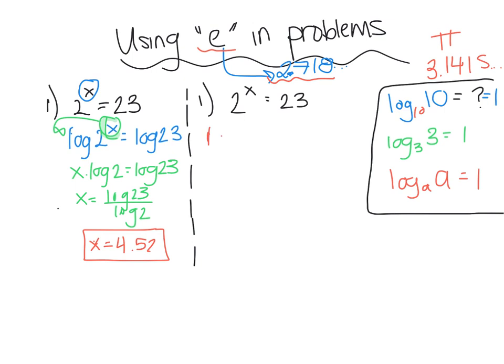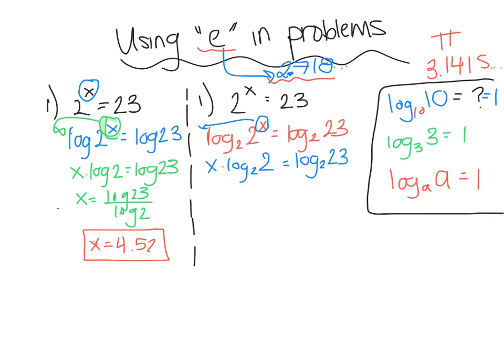If I do log base 2 of 2 to the x, I have to do that to the other side as well, log base 2 of 23. This is just an alternate way of solving it. As we know, this exponent comes down in front, so it's really x times log base 2 of 2 equals log base 2 of 23.